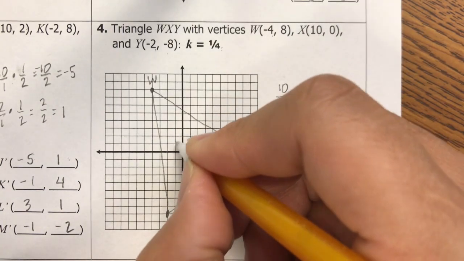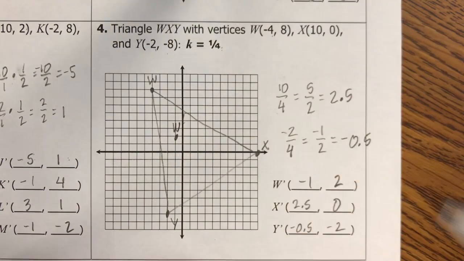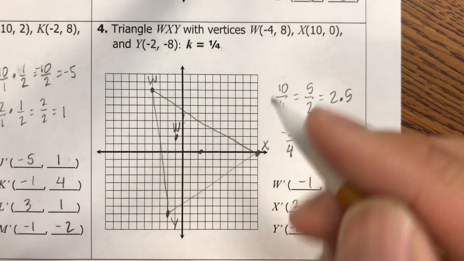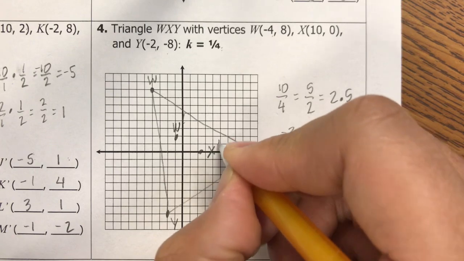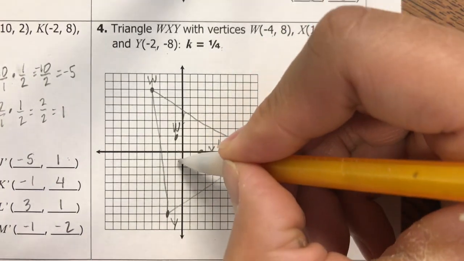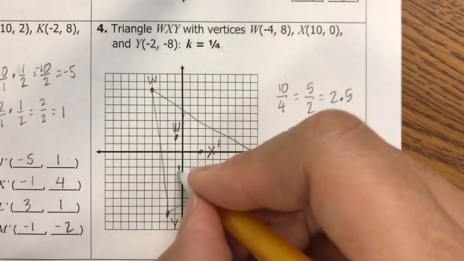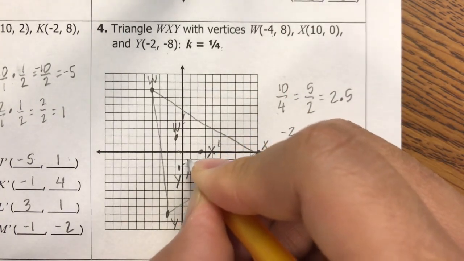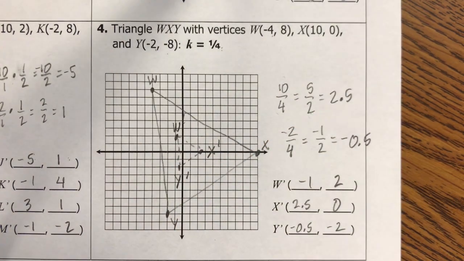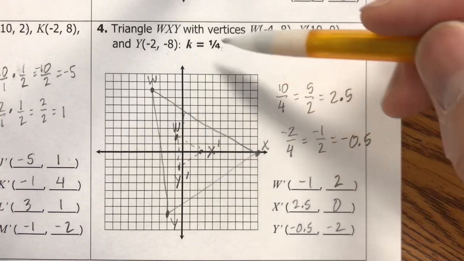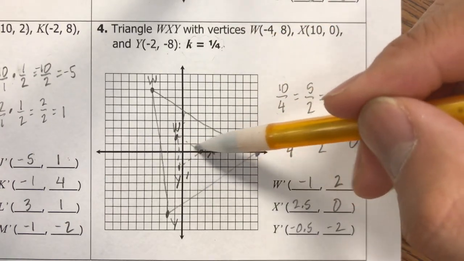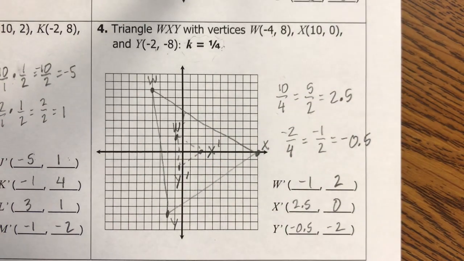So negative 1, 2, there's W prime, 2.5, 0, there's X prime, and then Y prime is at negative half, negative 2, which is right there. And so there is our image of the triangle. And so notice, because this was less than 1, it's a reduction, and so the image should be smaller.